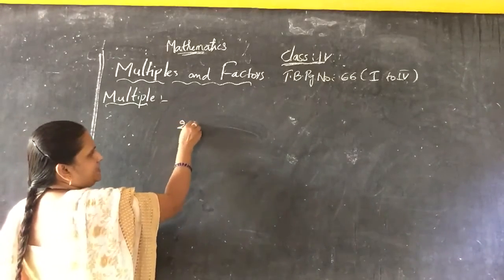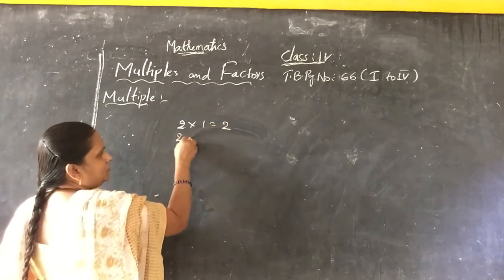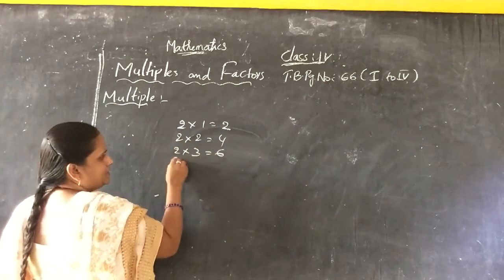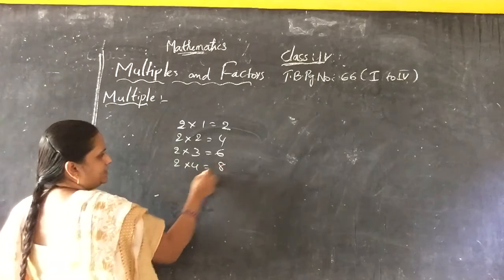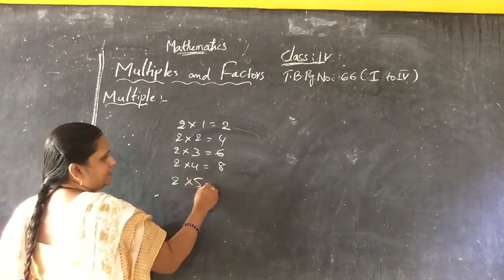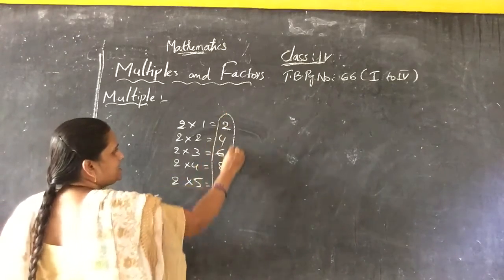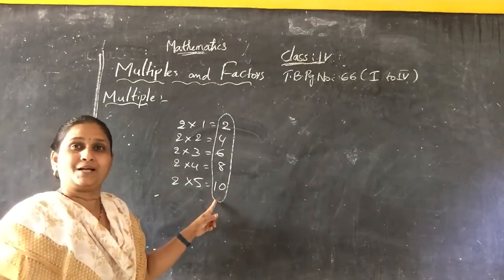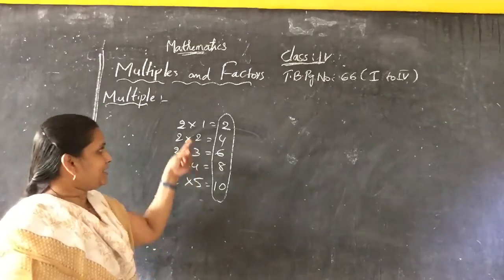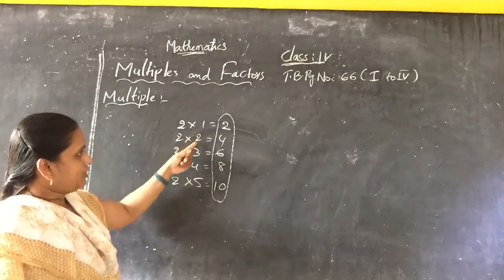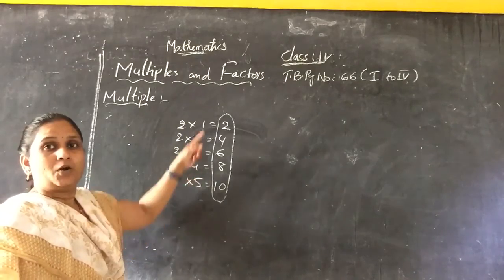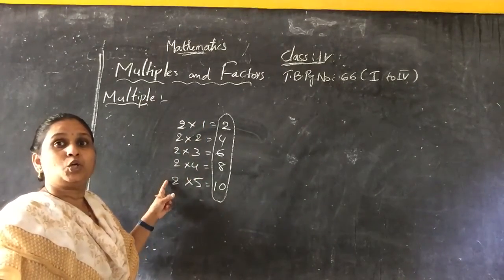Don't write children, just listen. 2 1s are 2, 2 2s are 4, 2 3s are 6, 2 4s are 8, 2 5s are 10. So these answers are there, children. These products will be known as the multiples. And how many steps did I write here? 1 2 3 4 5. It means 5 multiples of 2.